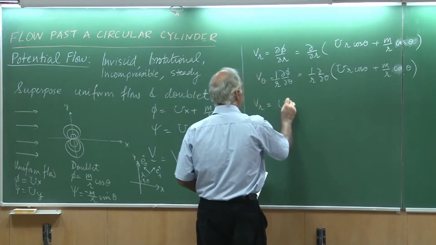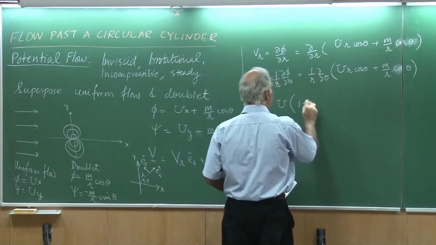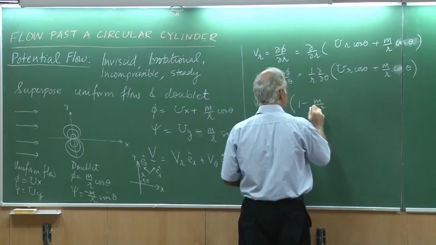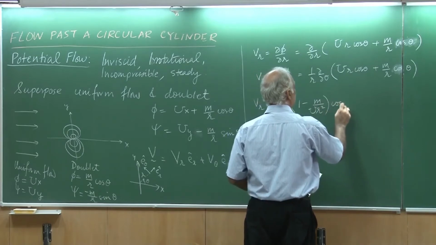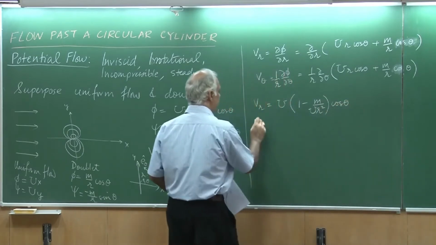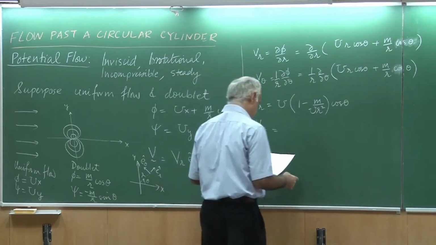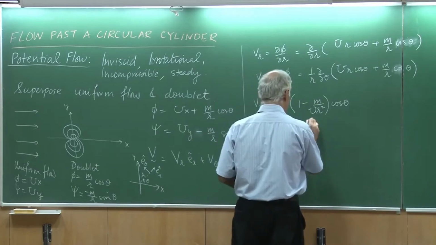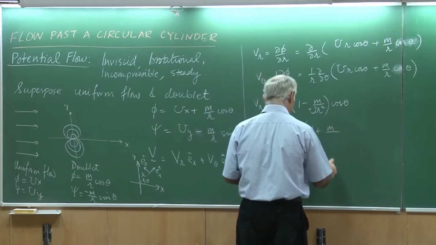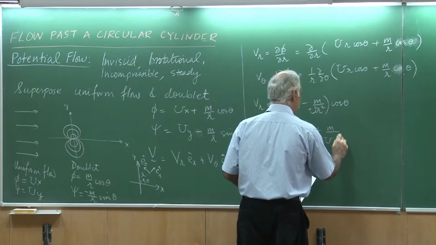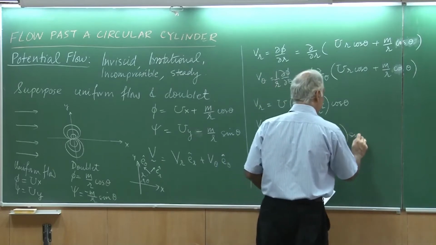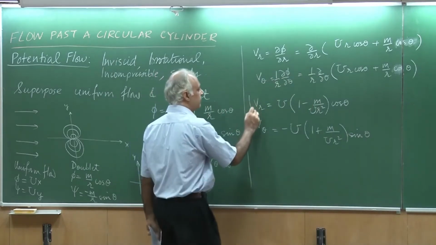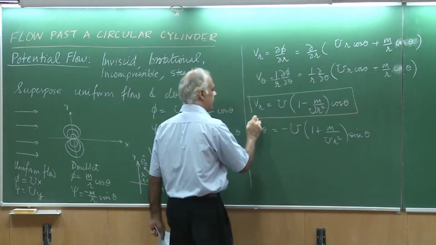So, I would get the following: u times 1 minus m by r square, and u cosine theta, and likewise for V theta I would be able to get, this is minus u times 1 plus m by u r square, sine theta. Okay. So, these are my components of velocities everywhere.